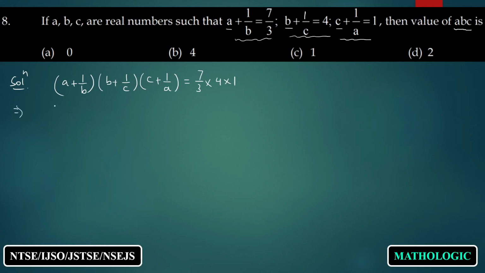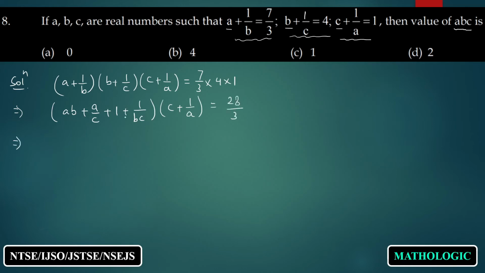On further multiplying the first two brackets, we can write ab plus a over c plus b over b, which is equal to 1, plus 1 over bc. And the third bracket is c plus 1 over a, and the right hand side is equal to 28 by 3.